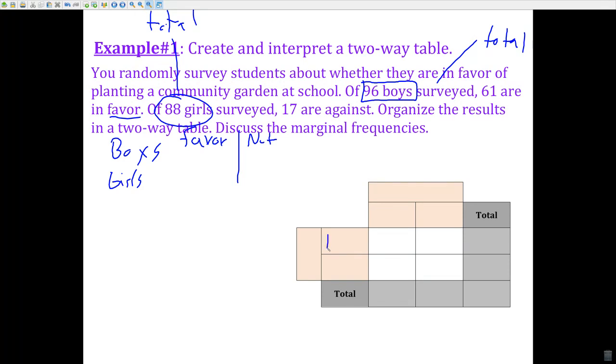Does it truly matter which categories go in which? Not really. The only thing that you're going to just make sure you take note of is, well, one, keep them organized. Don't put favor and then boys, right? That'd be kind of silly.